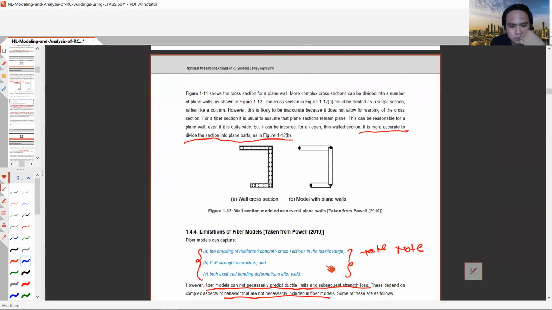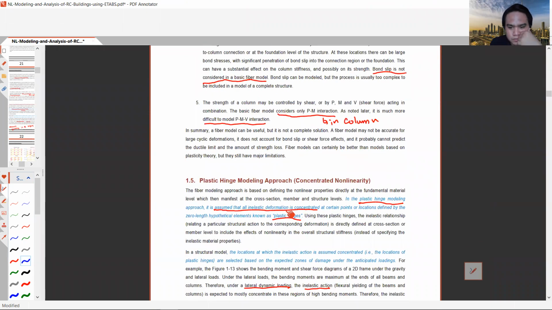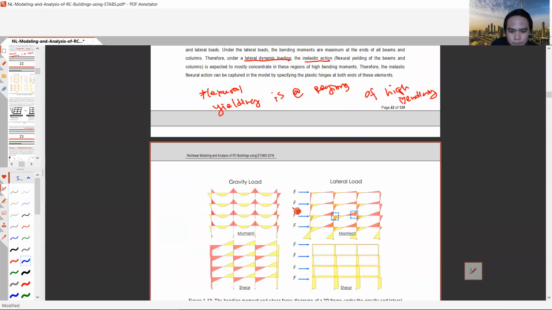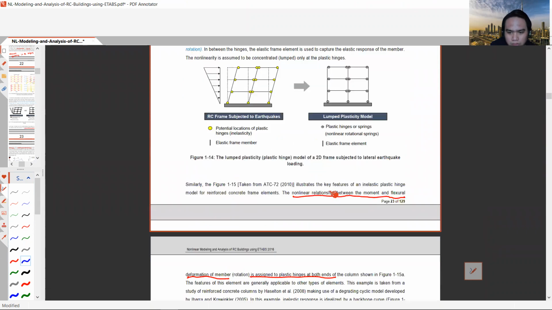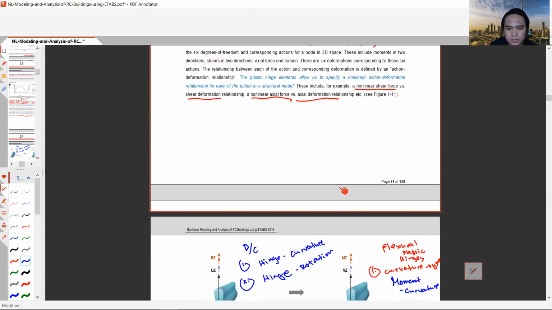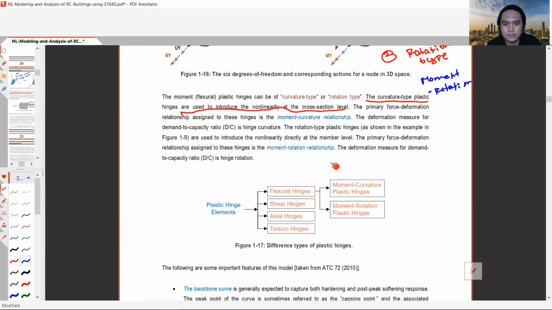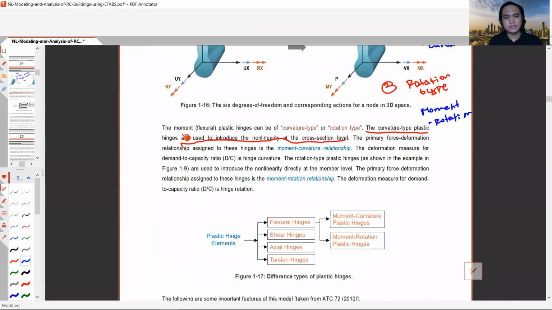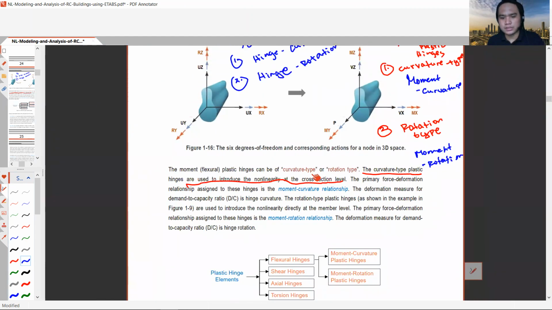So the moment or flexural hinges are based on the curvature type and rotation type.